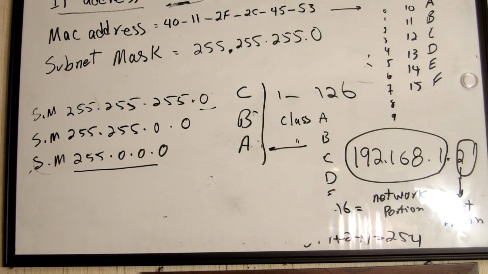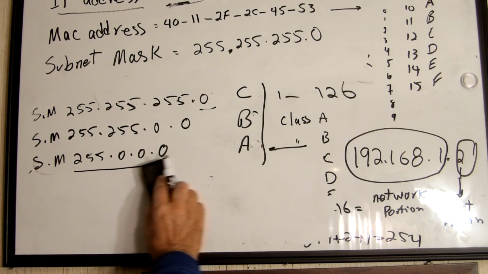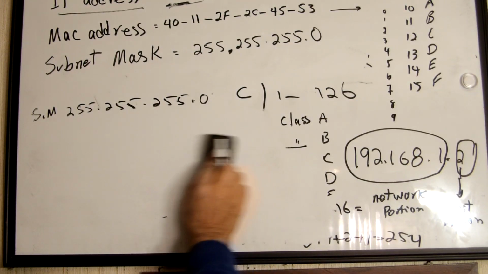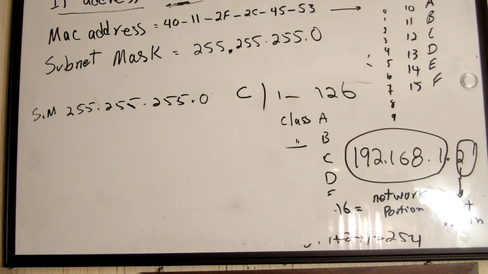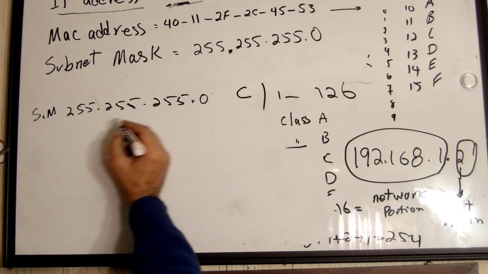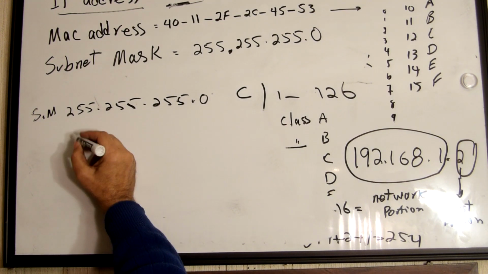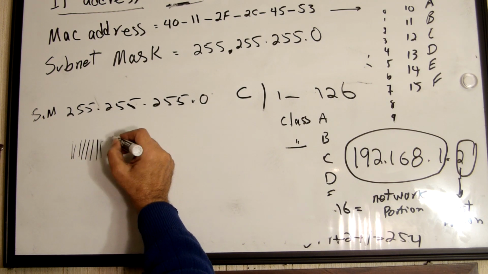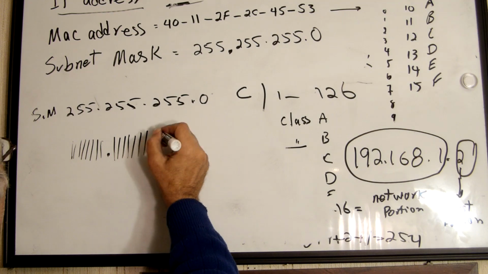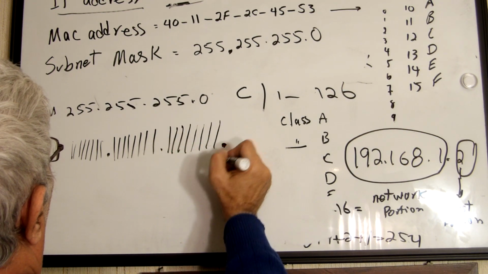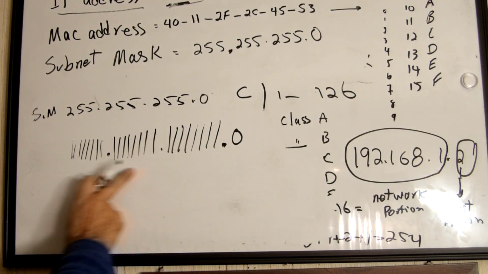Now let's talk about class C. According to the subnet mask, there are 8 ones and 0s. These are the ones.